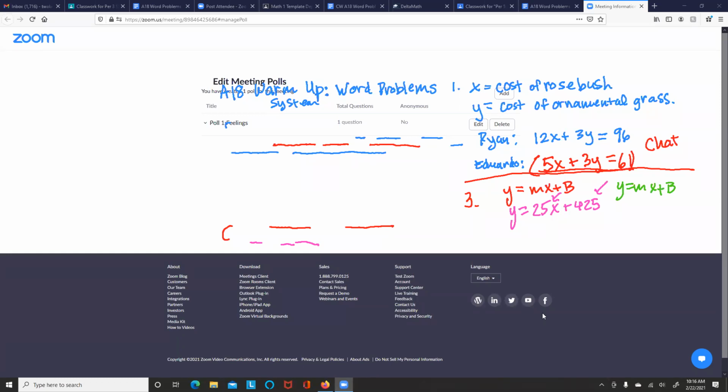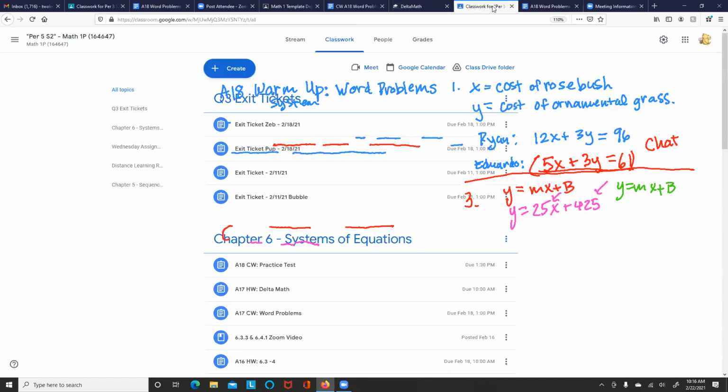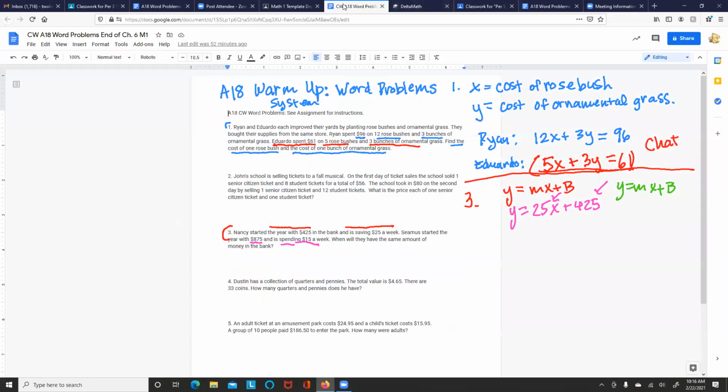Get my screen back. Oh, good job again, Oliver. Let's see. Okay, I gotta get my pen back, oops, I'm on the wrong page. I want to go to my page, which is right here.